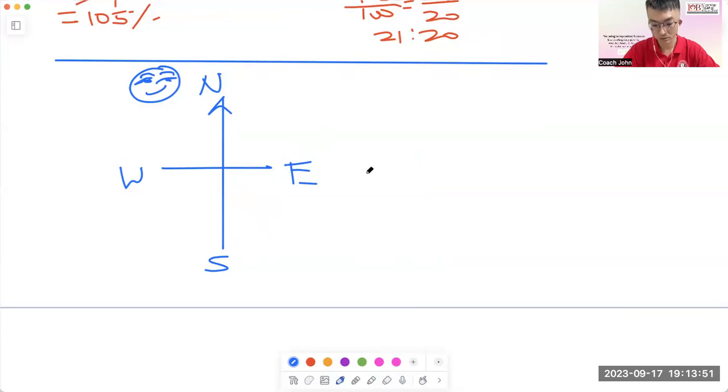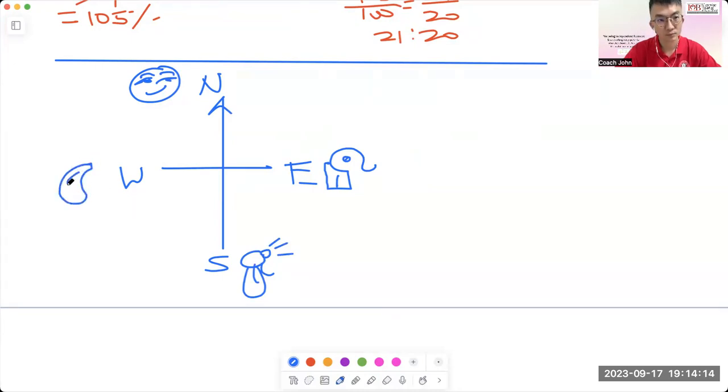Elephant. Spray. Spray can be like nozzle. Water. Okay, droplets of water. Okay, do shading if you want. Okay, so what I'm doing is I'm actually using icons to help me to remember.